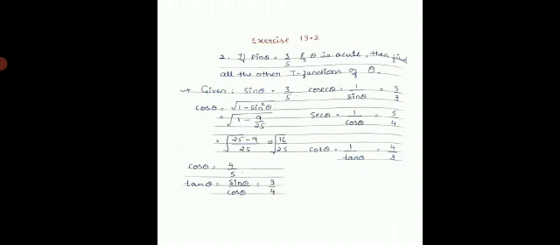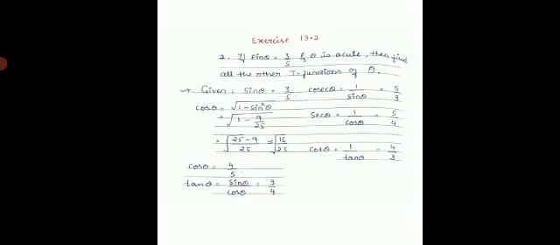First one: if sin theta is equal to 3 upon 5 and theta is acute, then find all the other trigonometric functions of theta. Here sin theta is given, that is 3 upon 5.